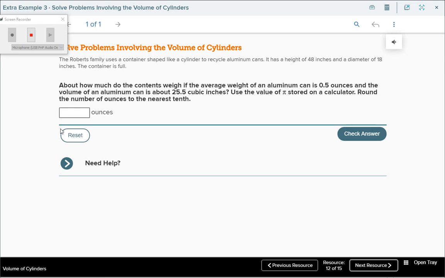Now, what are we going to do with that? It says about how much do the contents weigh if the average weight of an aluminum can is 0.5 ounces and the volume of an aluminum can is 25.5. Use the value of pi stored on a calculator. Round the number of ounces to the nearest tenth. What do we get?